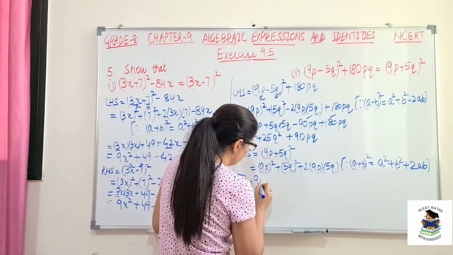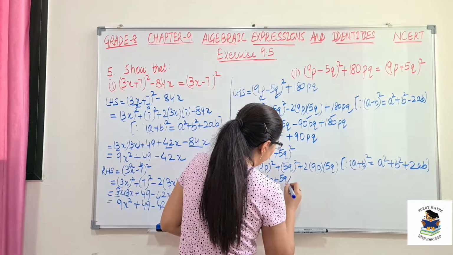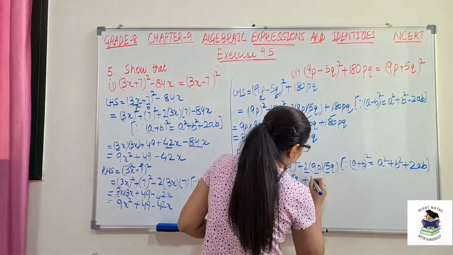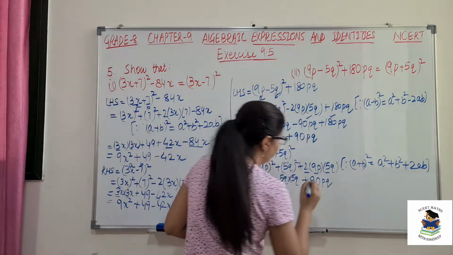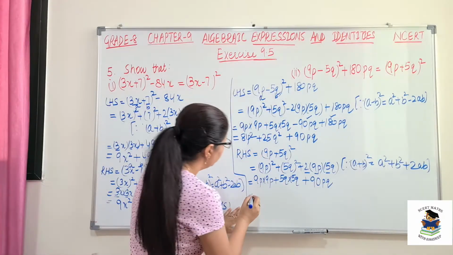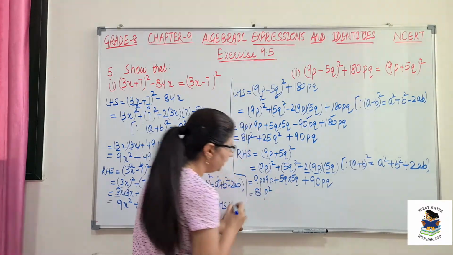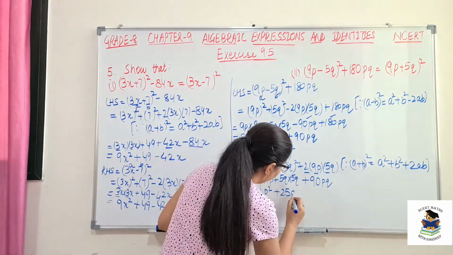(9p) square means 9p into 9p. (5q) square means 5q into 5q. 2 9s are 18, 18 5s are 90, 90pq. Okay. So 9 into 9, 81. P into p as p square. 5 into 5, 25.